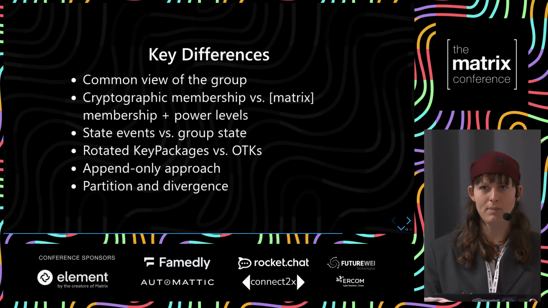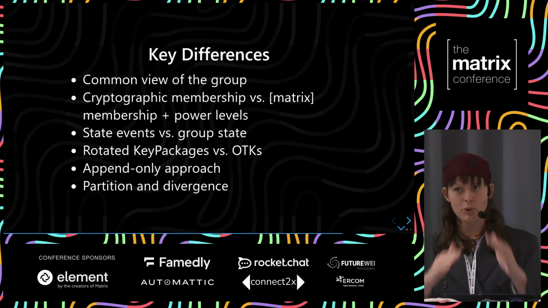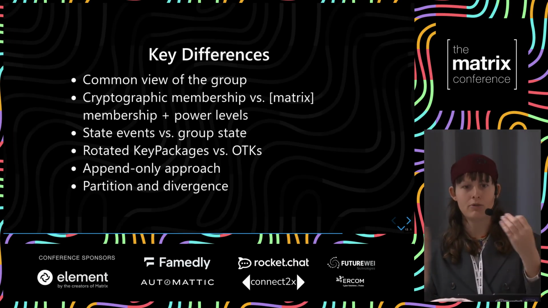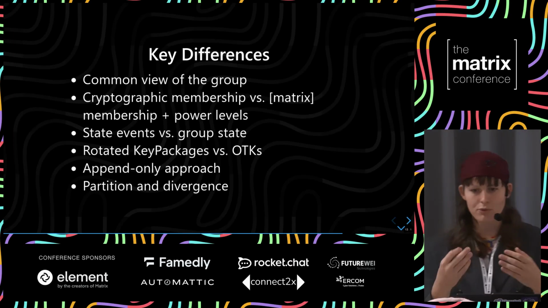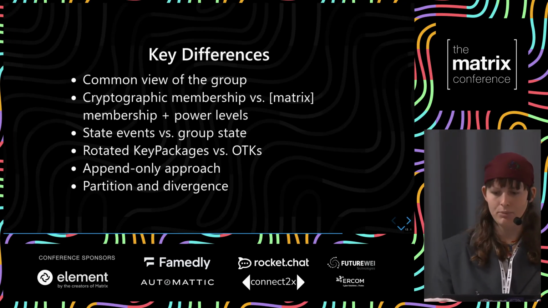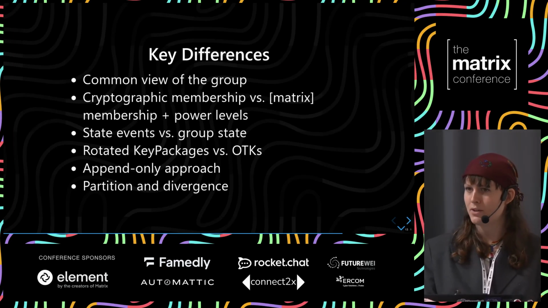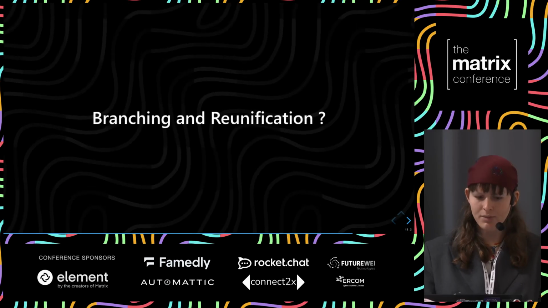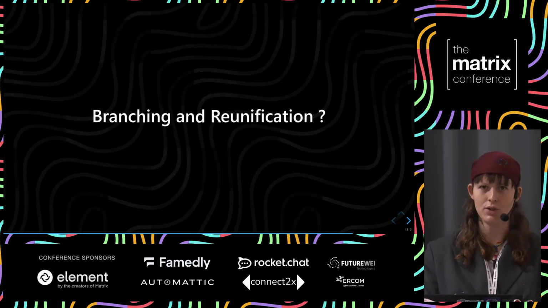So it is not expected that the network diverges, has different epochs and later joins them. From a pure MLS point of view, this is simply not foreseen. So basically, the entire issue is about partition and divergence. It's about branching and reunification.